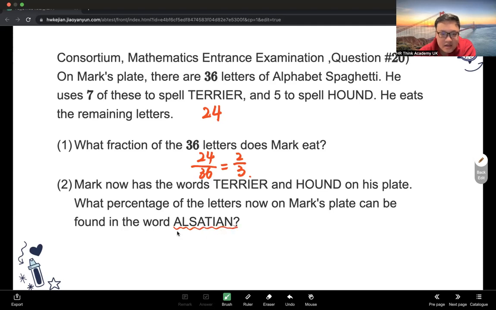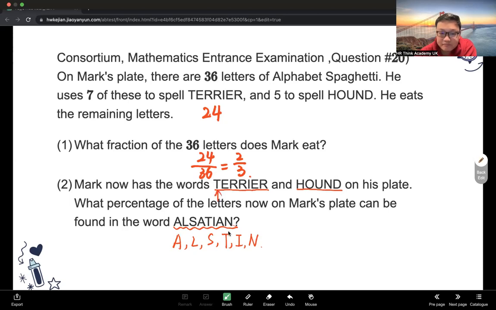And the thing is that you're gonna see how many different letters do we have in this word. You have an A, L, S, and A. You don't need to count that again. So T, then I, and N. So 6 different letters.